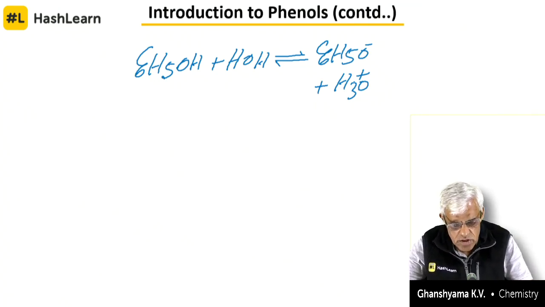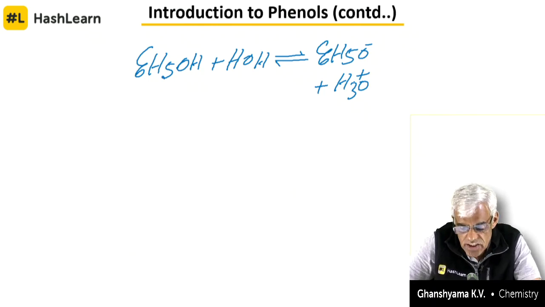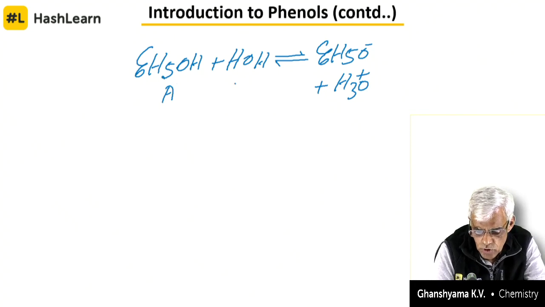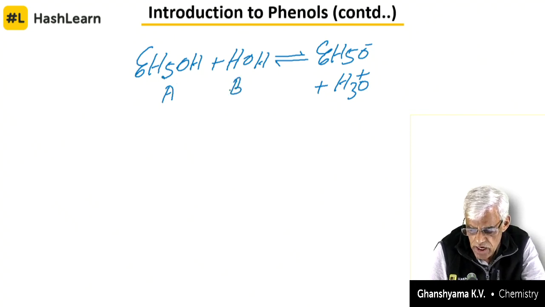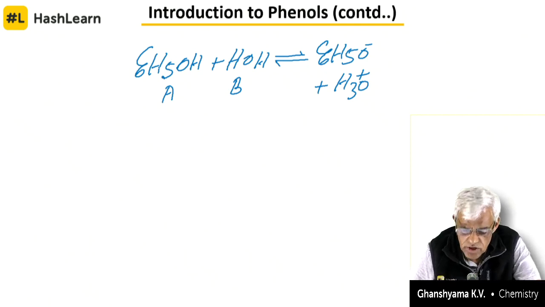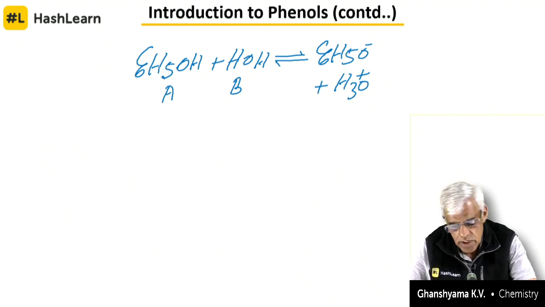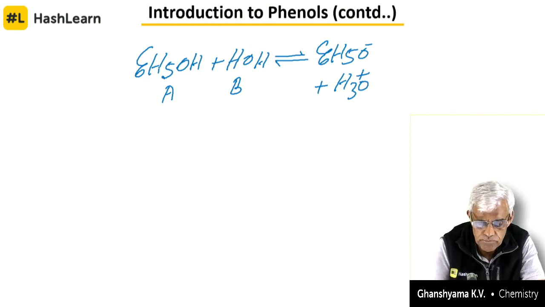This clearly shows that phenol is acidic in nature. It donates its proton. Water is a base. Phenol is acidic, water is basic. For phenol gives out proton and water accepts proton.